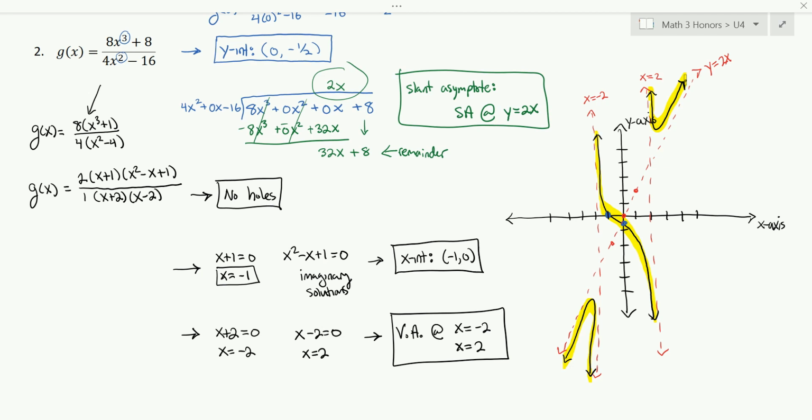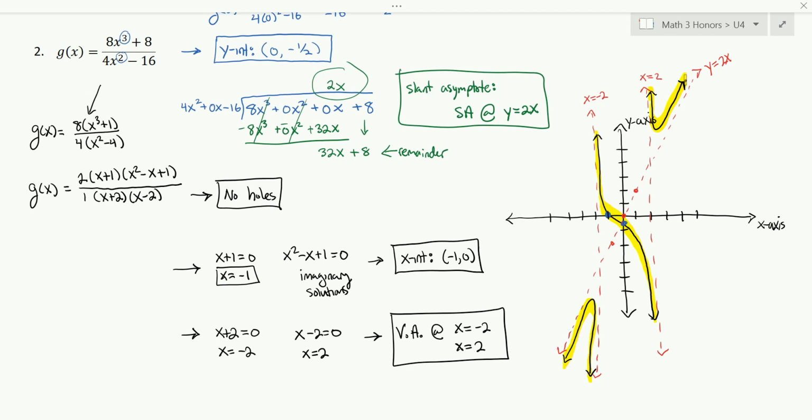If you look at the far left, okay, you know it's going to have to go along that slant asymptote. So you know you have to end pointed down. You also know there's no x-intercepts, so you can't cross the x-axis on the left side. So you have to stay below the x-axis, and so that's your only option when I drew there.